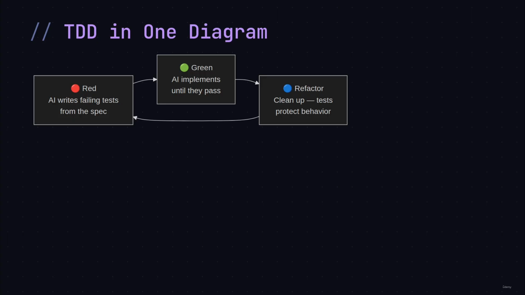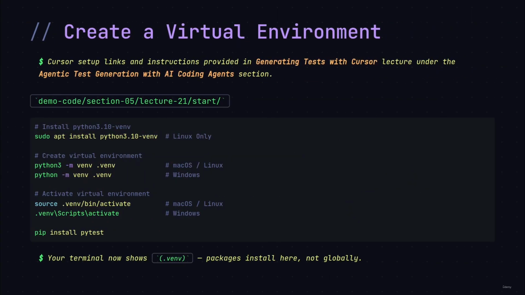This is where we can clean up the code, and then we can do it with confidence because the tests will protect the behavior. If we break it, the tests will fail, and then we can fix the code again so that the test passes. And essentially, the tests are the rules that are based on the spec, and the code needs to conform to that.